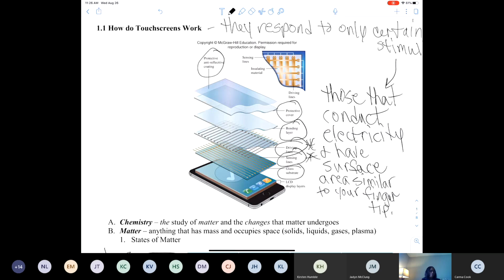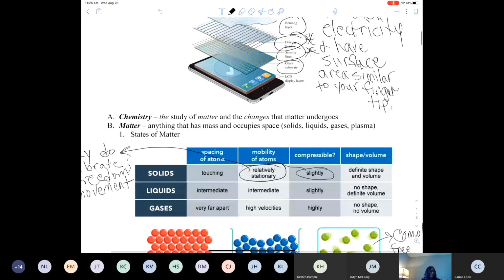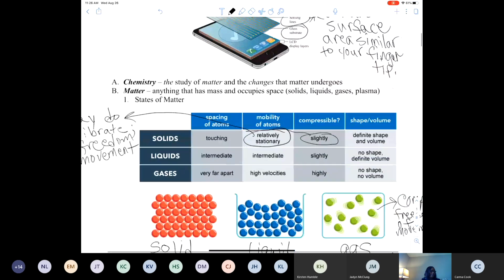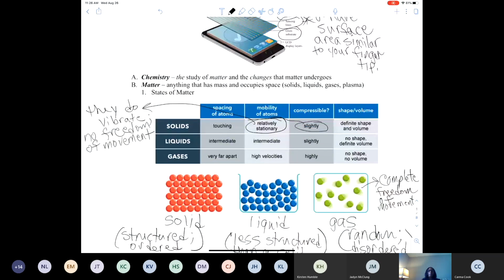So now that we've kind of gone over how touch screens work, let's go deeper into the study of chemistry and defining some things about chemistry. And so chemistry is basically the study of matter and the changes that matter undergoes. And these changes can be physical changes or they can be chemical changes.